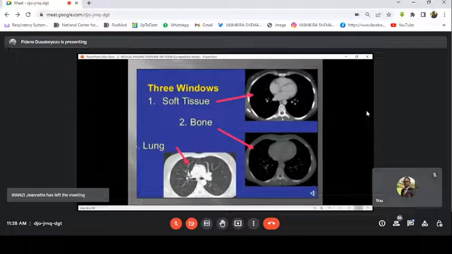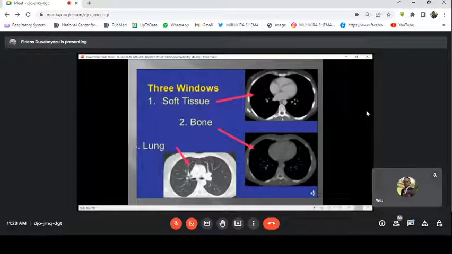For example, if you do a CT scan of the chest, and I want to see the mediastinum better, and remember, the mediastinum has soft tissue components, I will change the image on the computer we use in the CT as we are reporting into a soft tissue window, so that I can diagnose mediastinal lesions, masses, tumors or any other lesion better.